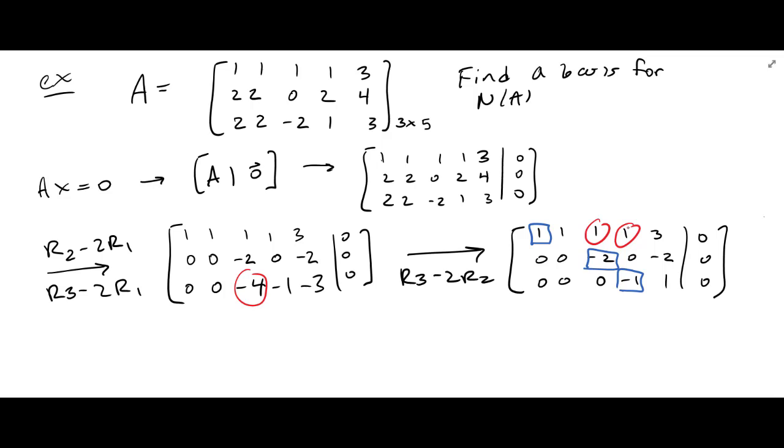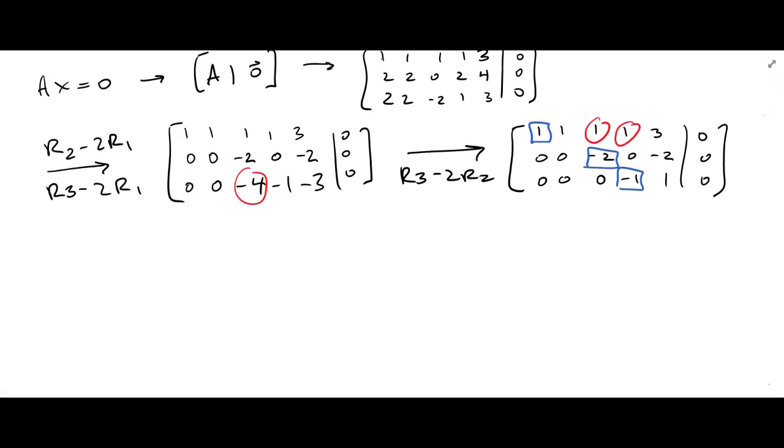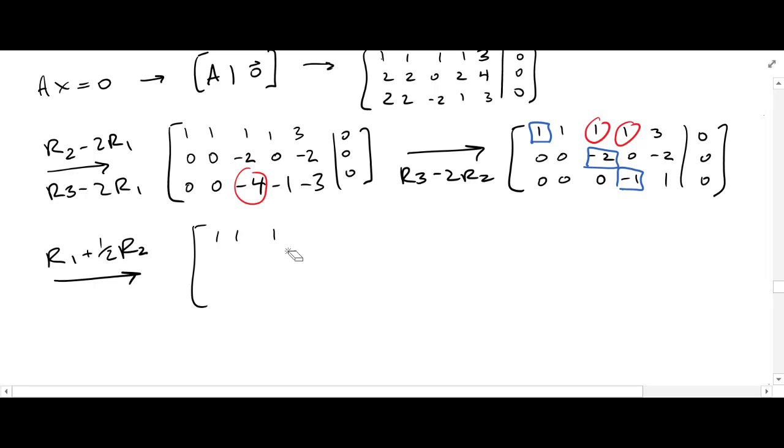I'll do row 1 plus half of row 2, and then you get a 0 here and a 0 here.